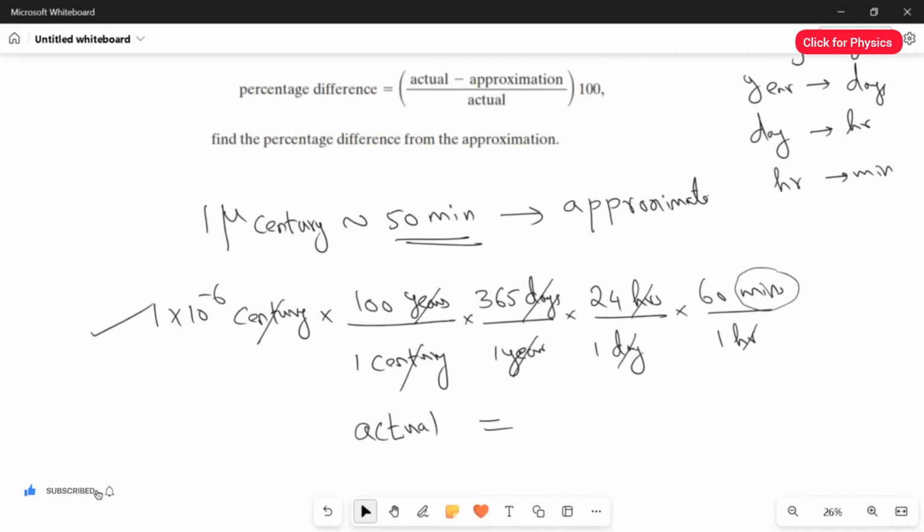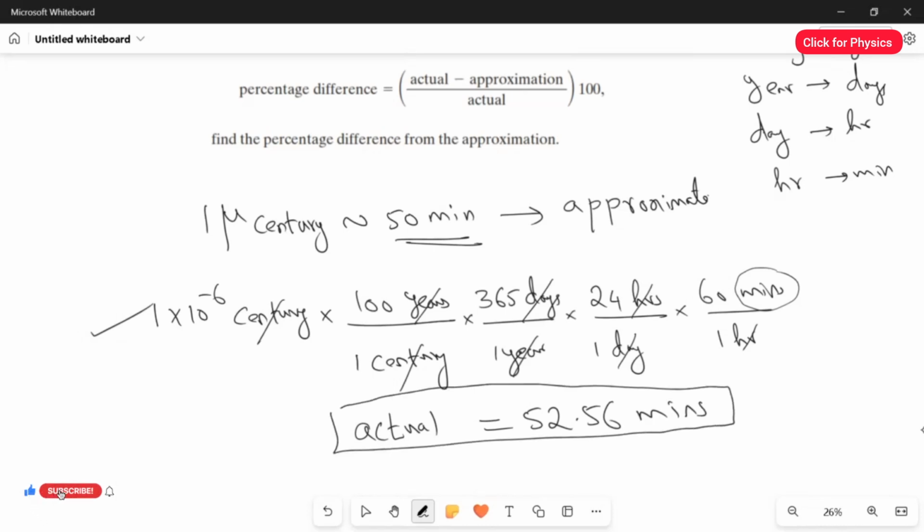1 microcentury, that means 1 times 10 to the power of minus 6 multiplied by 100 multiplied by 365 multiplied by 24 multiplied by 60 and divided by 1. What answer did I get here? I got 52.56 minutes. So this is the actual value of 1 microcentury, which is equal to 52.56 minutes.